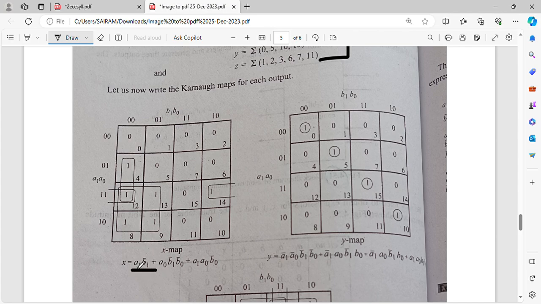So it is A1 B1 the whole bar. How? Here you can see this is A1 bar A0, this is A1 bar A0, this is A1 A0, and this is A1. I'm sorry, please wait.